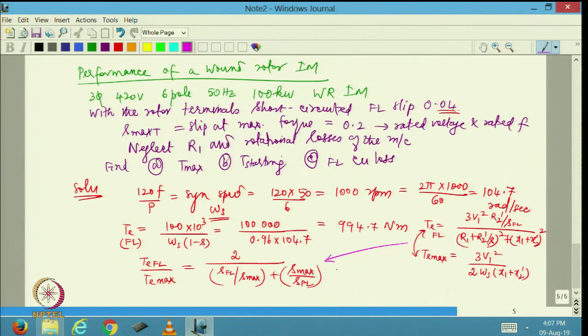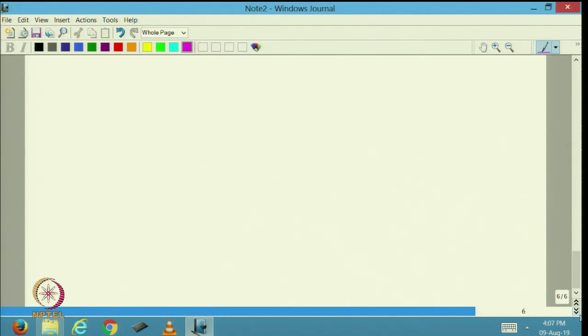This is an important expression. Okay? Now, using this, we should be able to write TE full load divided by TE max equal to 2 divided by S full load is 0.04, S max is given as 0.2, plus 0.2 divided by 0.04, right.